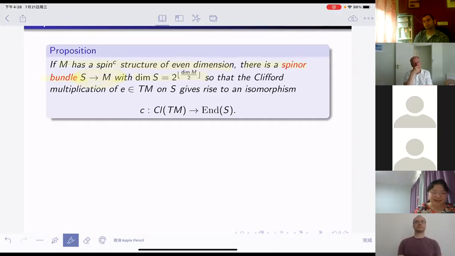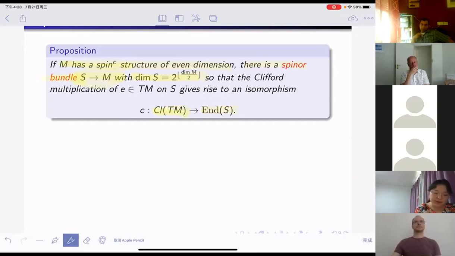In any case, as long as M has spin^c structure, one can construct by spin representation a spinor bundle of the correct dimension. And moreover, one can find an isomorphism of algebras going from the Clifford algebra bundle to the endomorphism of the spinor bundle.